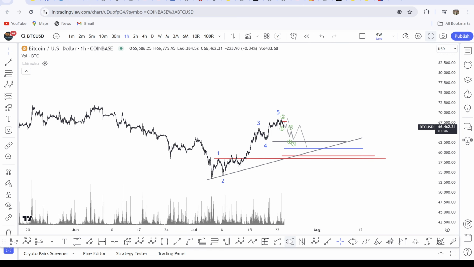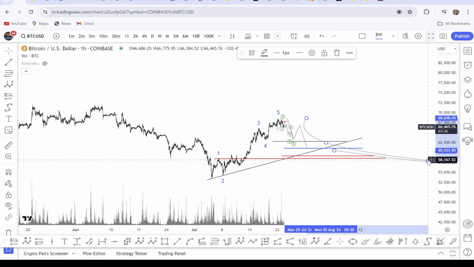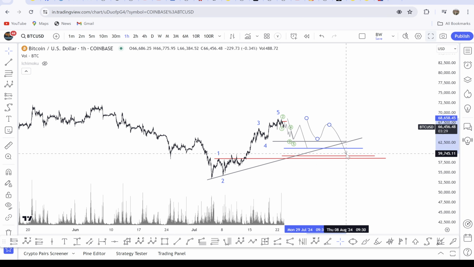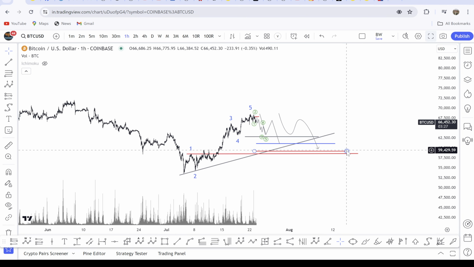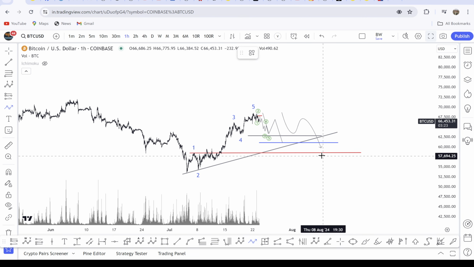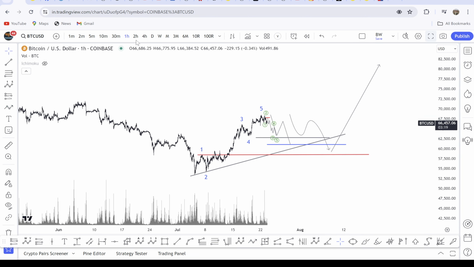So I'm expecting the market will go like this. First, time correction is kind of like this, and then a new rally will start.